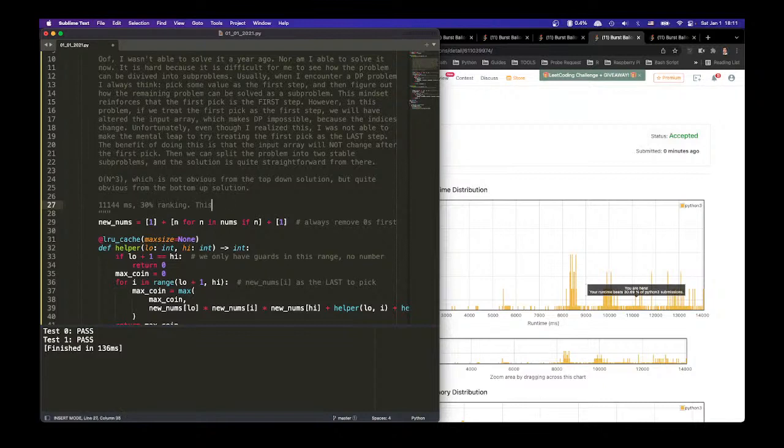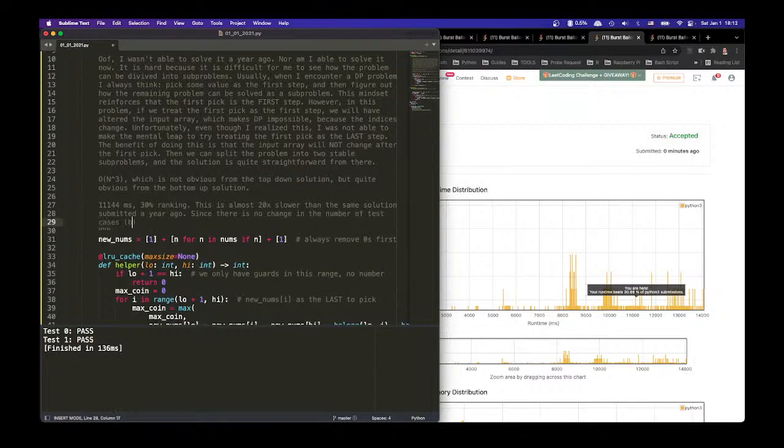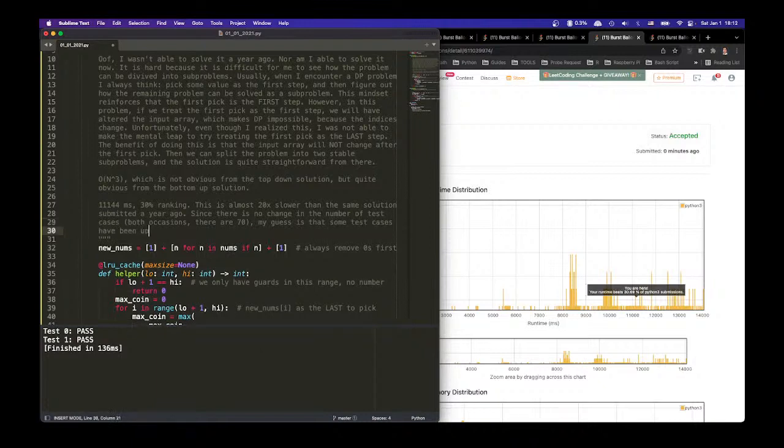This is almost 20 times slower than the same solution submitted a year ago. Since there is no change in the number of test cases, on both occasions there are 70. My guess is that some test cases have been updated.